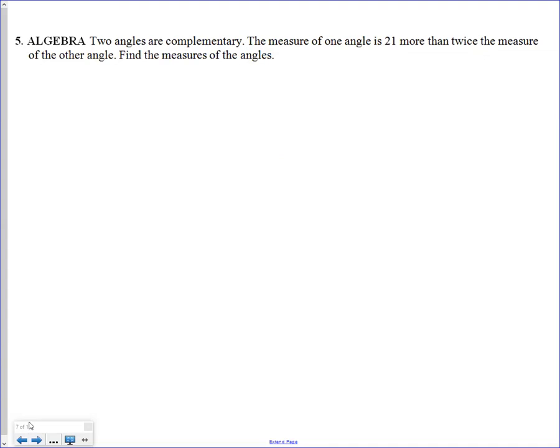Two angles are complementary. That means they sum to 90. The measure of one angle is 21 more than twice the measure of the other angle. So one of the angles is x. The other one is 21 more than twice that, so 2x plus 21.